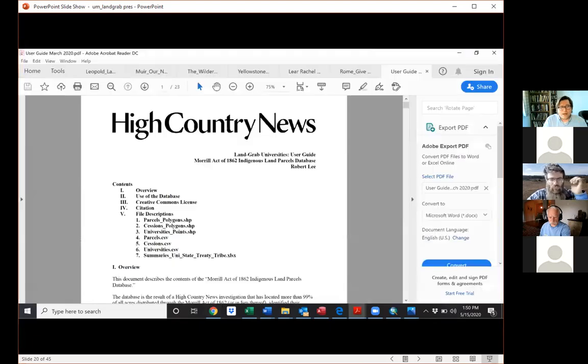It was really important for the project to make this an open source data set, so others could take this research in new and important directions. So to aid that, what you see here is the user guide that we put together that puts all the contents of the geodatabase into plain language.